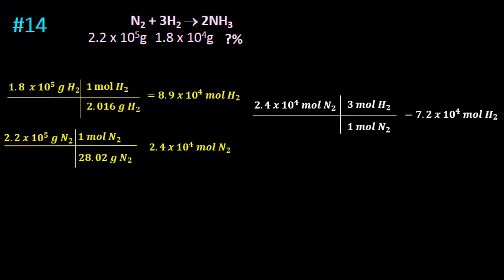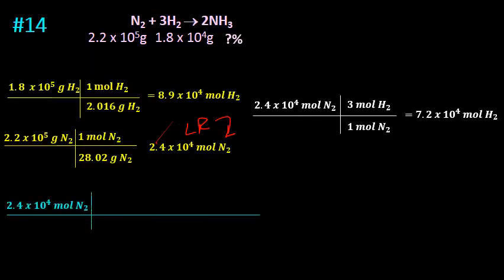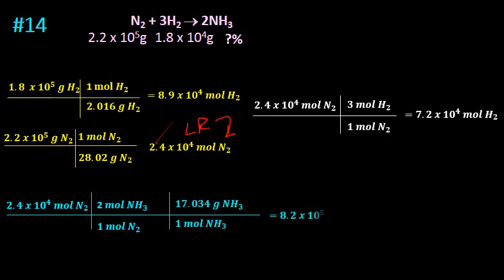So we better indicate our limiting reactant, huh? So limiting reactant is that guy. So that's the one I'm going to use to figure out the amount of product. I'm going to do a mole ratio now with the product, then the molar mass. So that's how many grams of ammonia is produced.